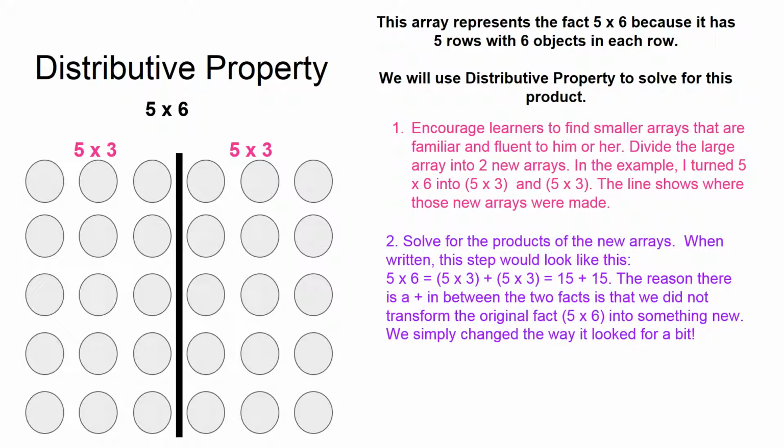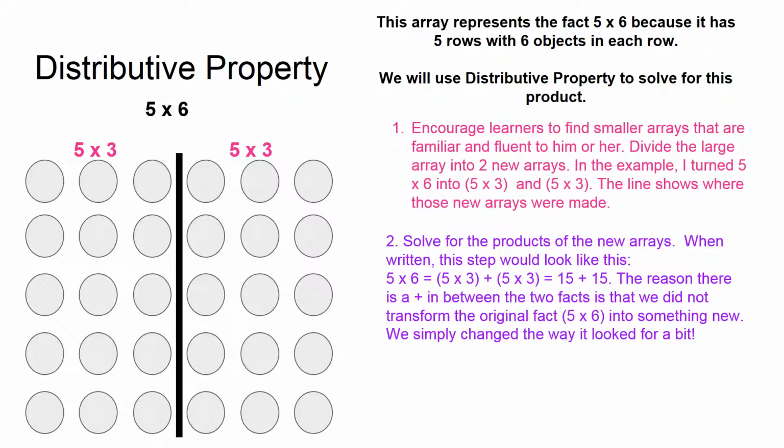So the second thing we're going to do is we're going to solve the products of the brand new arrays. So when it's written, it looks like this. 5 times 6 equals 5 times 3 plus 5 times 3, which 5 times 3 is 15. So you are actually adding together 15 plus 15.